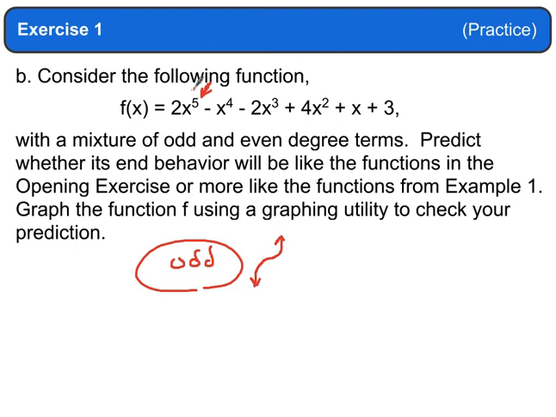Okay, so that pretty much wraps up that lesson. We're not going to do exercise 1C or 1D, and we're not going to look at exercise 2 at this point.